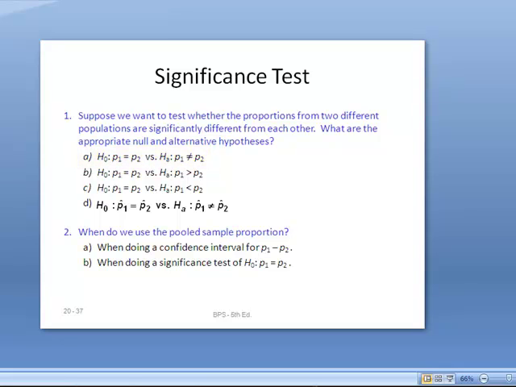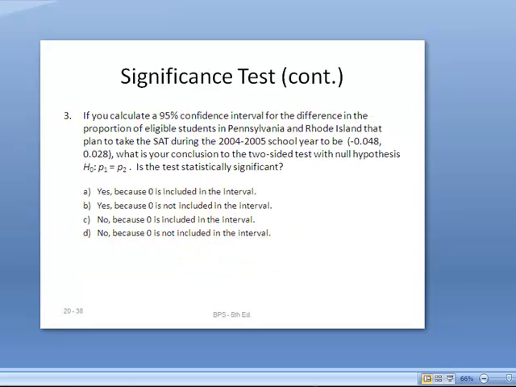And number 2, when do you use the pooled sample proportion? You use it when doing a significance test, because that's where we assume that P1 equals P2. If you calculate a 95% confidence interval for the difference in the proportion of eligible students in Pennsylvania and Rhode Island that plan to take the SAT during the 2004-2005 school year, and you end up getting negative 0.048 to 0.028, what is your conclusion to this two-sided test with the null hypothesis P1 equals P2?